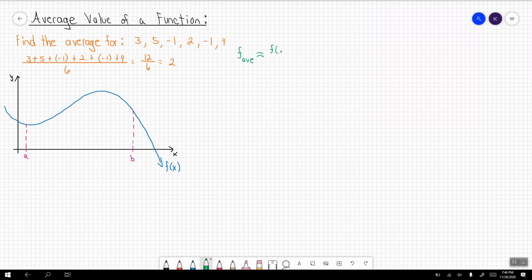We're going to have to take the addition of all of these, let's call them sample points, and more specifically, their sample outputs. Once you choose a sample point for the x value, we plug it into the function f of x, and we get an output. That output we could then start adding together as such.